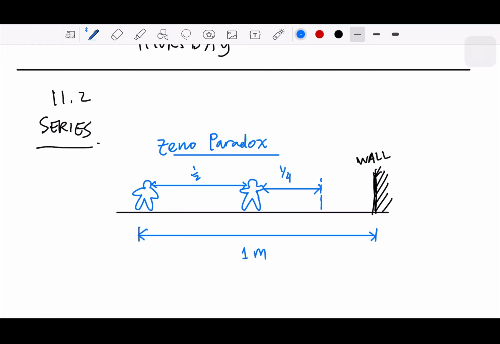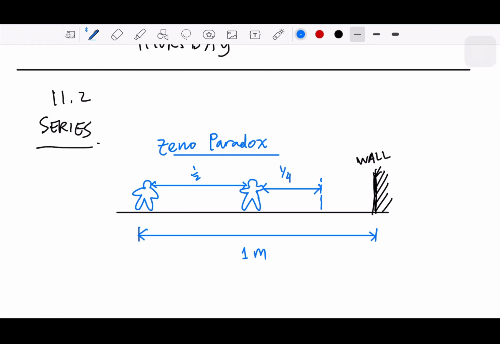But if we imagine the man is like a dot, like a single point, can the man as a point reach the wall? So that's the question. Can the point reach the wall? And in real situations, it's impossible, right? It's impossible. So that's the paradox.